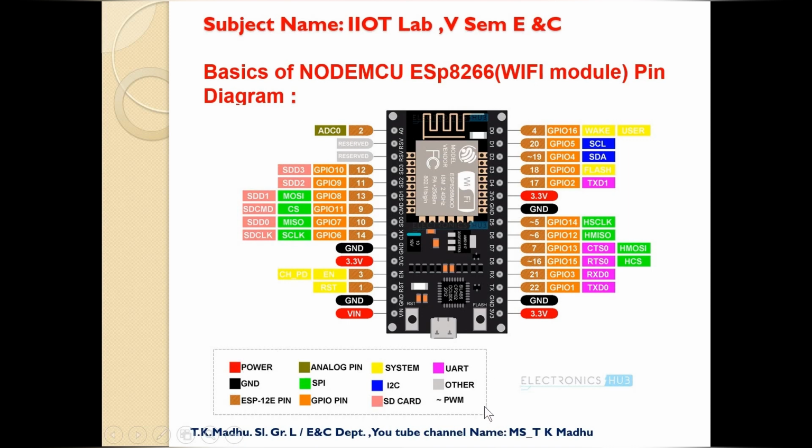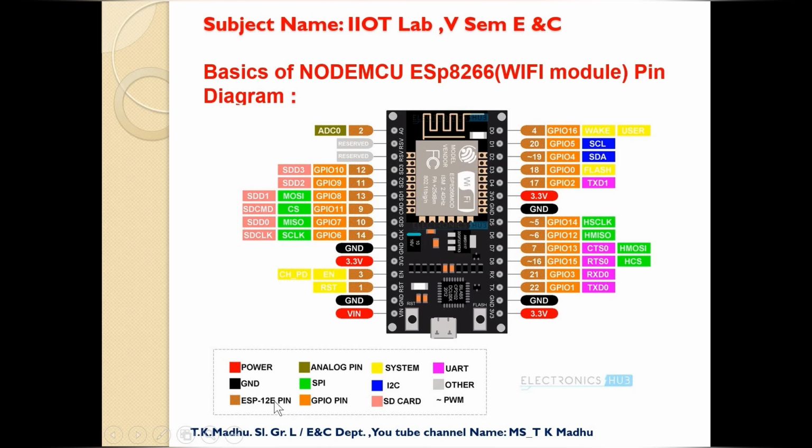So here in the box they have given what features are there for this NodeMCU. The power is given with the red color, similarly with different colors for all the pins: analog pin, system, UART, ground, SPI, I2C, others, and the chip name, that ESP8266 pin.